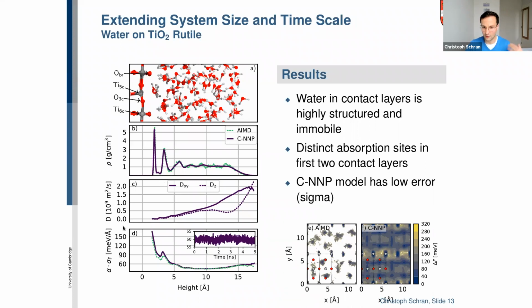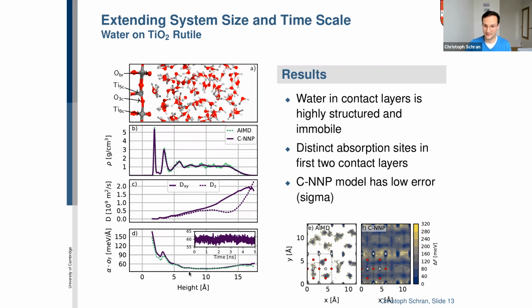And then you can also look at other properties that are inaccessible by the very short ab initio MD. For example, the layer or distance resolved diffusion constant, both in the parallel and perpendicular direction with respect to the surface. And this is not possible with the limited statistics of the ab initio MD.